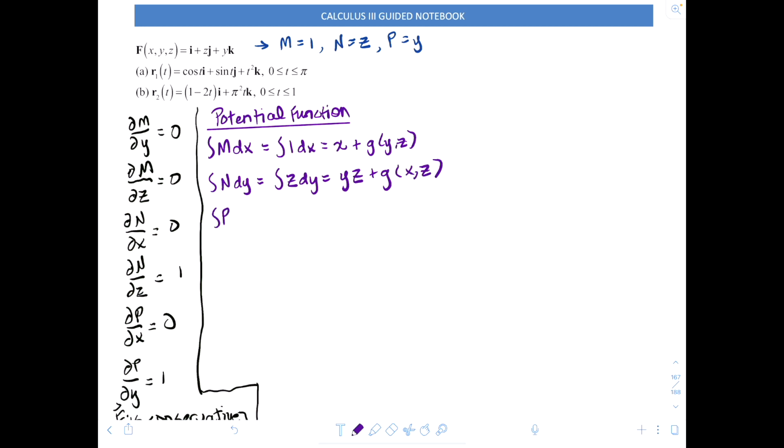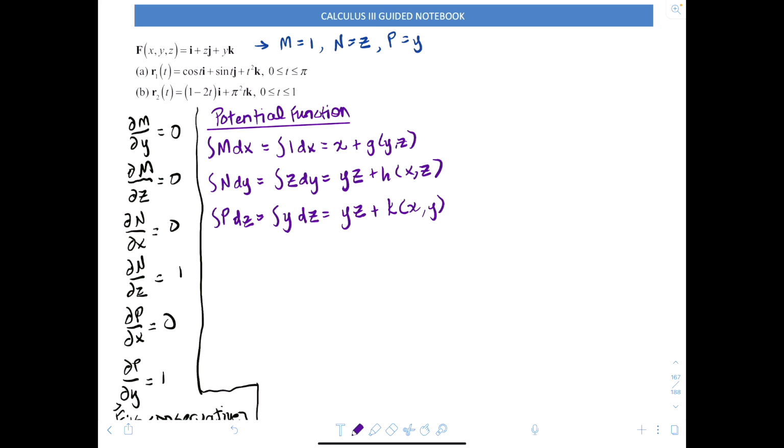And our integral of p with respect to z is equal to the integral of y with respect to z, which gives us, again, yz plus some function, oops, sorry, this one should have been h, some function k of x and y.